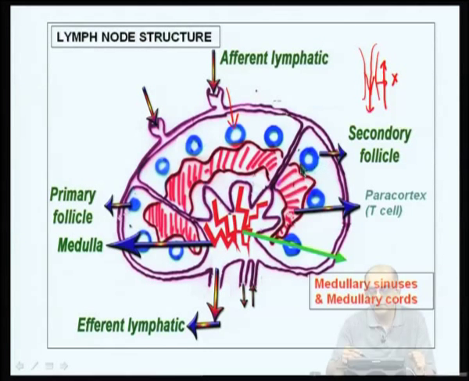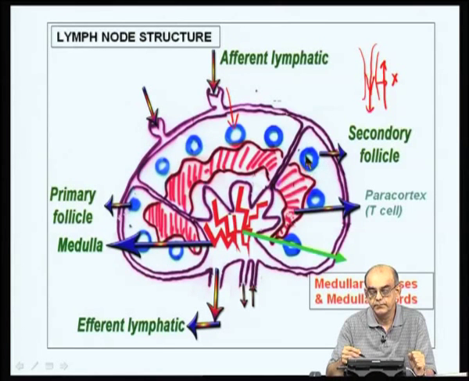Basically, the secondary lymphoid follicle consists of a central core of germinal center cells, which, because of their division, push the dividing cells to the periphery and form a kind of mantle around these germinal center cells which are getting activated.